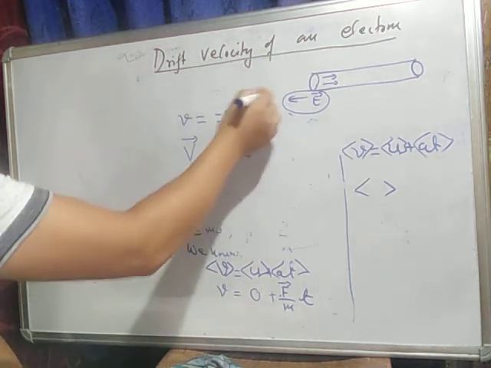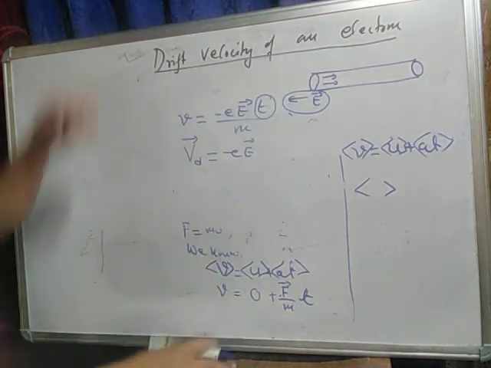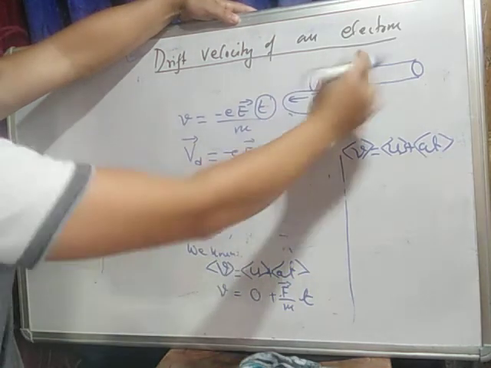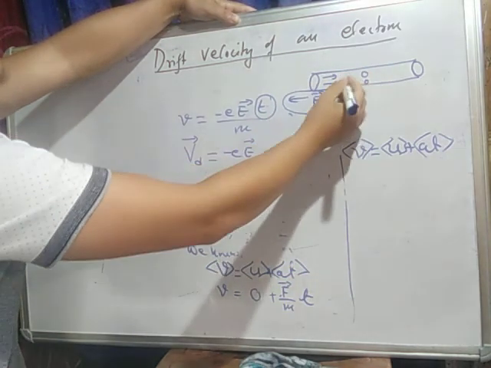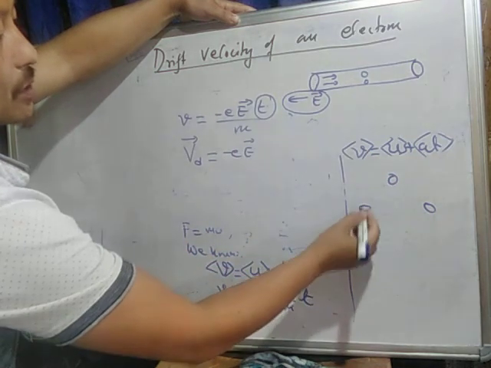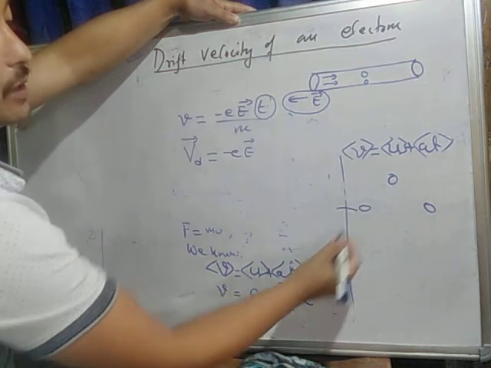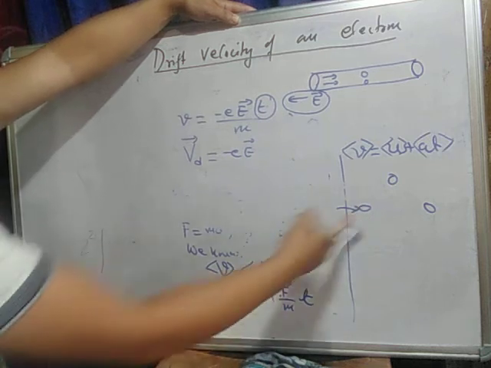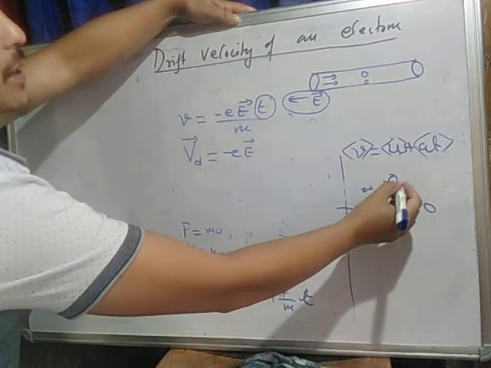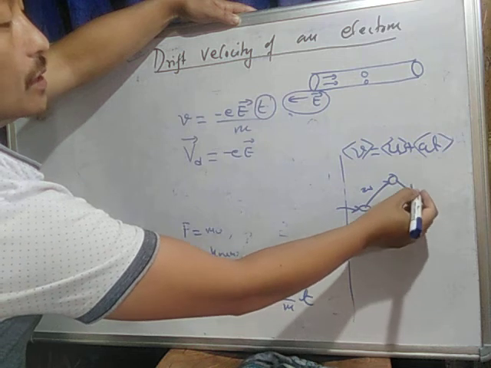Now see this t. I have already discussed that whenever these electrons move towards the other side, there is an atom, isn't it? So this is your atom, this is your atom. So whenever an electron moves like this, it strikes and follows this path, isn't it? So this is 2 seconds and this is 1 second.